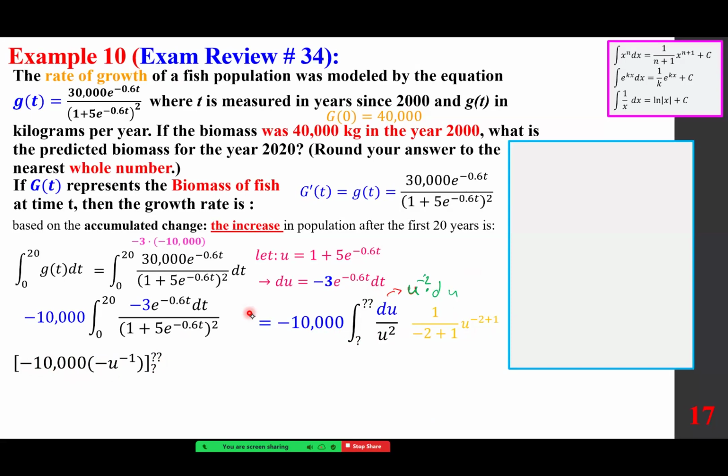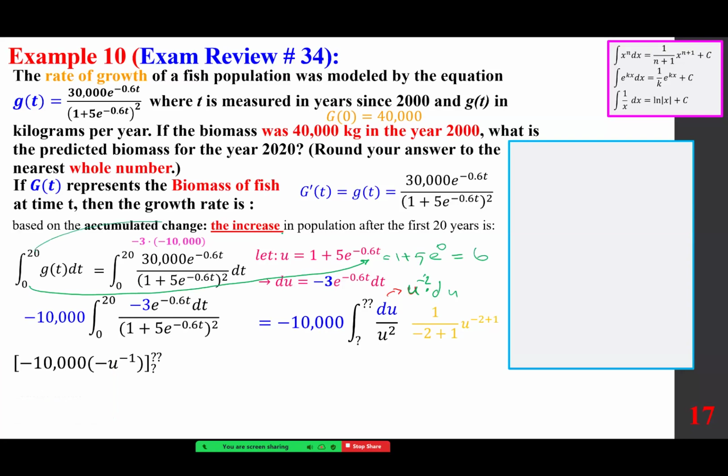Let's figure it out. If you plug in 0 here, please understand you get 1 plus 5 e to the power of 0, which makes it 1 times 5 is 5 plus 1 is 6.